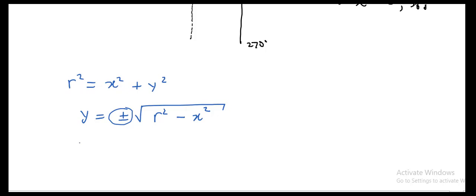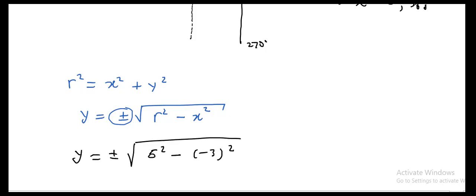Now let's substitute. y equals plus or minus the square root of 5 squared minus (-3) squared, which is 25 minus 9, which is 16. The square root of 16 is plus or minus 4.